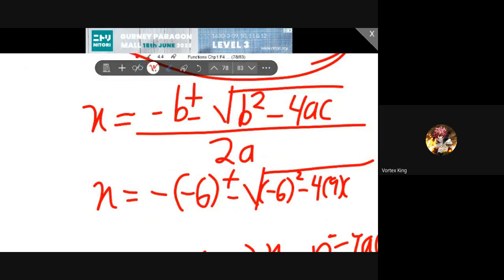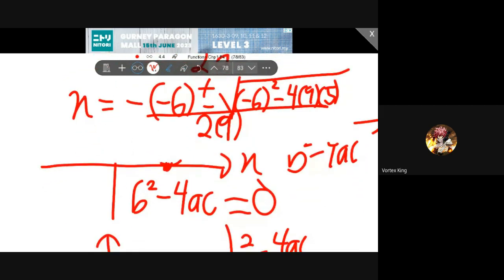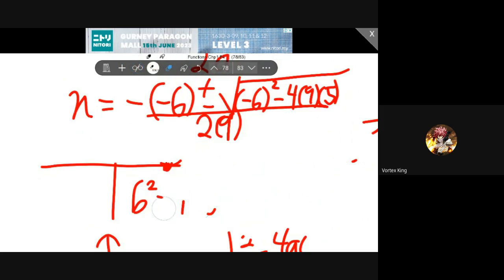What is your C? 5. Per 2 times... -6. Where A is not -6? Oh my god. A is 9. Okay. So sekarang kamu akan nampak sesuatu berlaku. Ya, maths error. Wait.